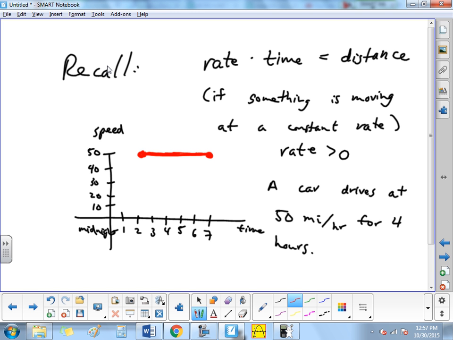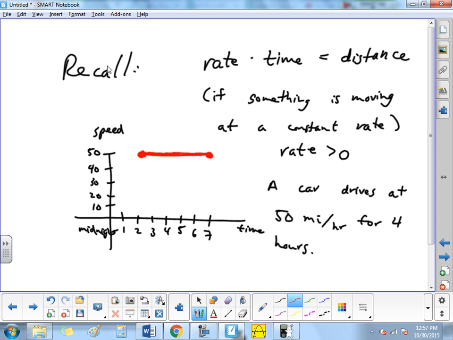We already know that he travels 200 miles. I mean, it's obvious. If you travel 50 miles per hour for 4 hours, you're going to travel 200 miles. That's obvious. But my question is, where does that show up geometrically in this picture? Where is the 200 in this picture?